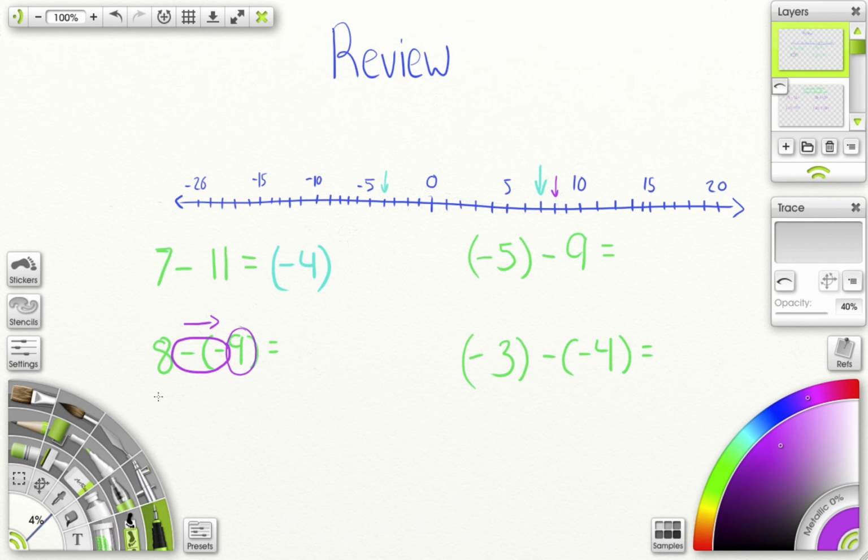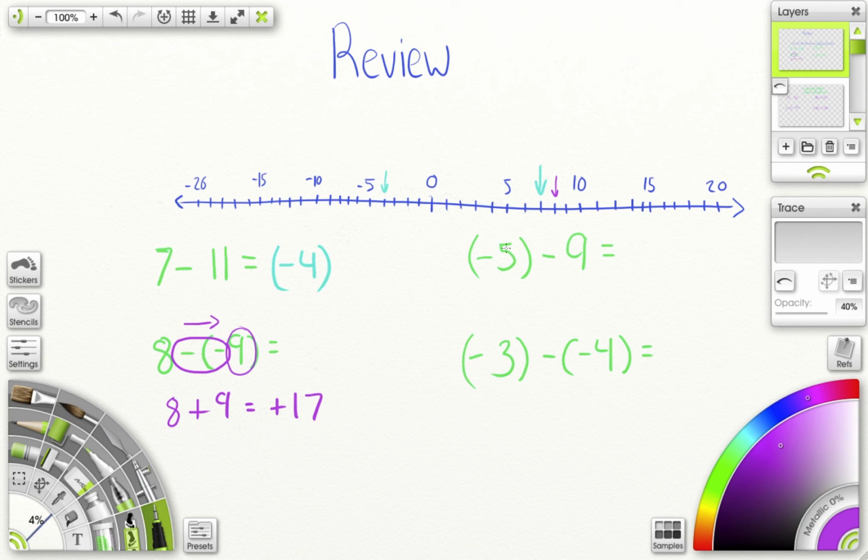So if your first number is positive and it's minus a negative, it's basically the same thing as doing an addition problem, because those two minus signs come together to form a plus sign. So this essentially turns into 8 plus 9. This applies if your first number is a positive integer. So 8 plus 9, start at 8, and I add 9, which is positive 17, or just 17.